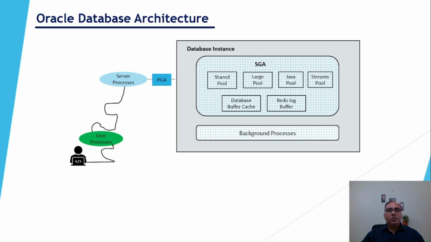Now, the database instance comprises two components. One is the system global area and the other is background processes. The system global area is a shared memory initiated by the Oracle database instance. Under this, the shared pool, large pool, Java pool, streams pool, database buffer cache and redo log buffer reside.